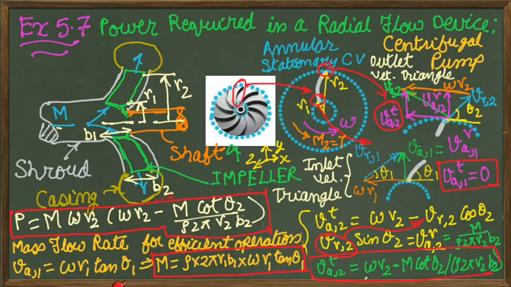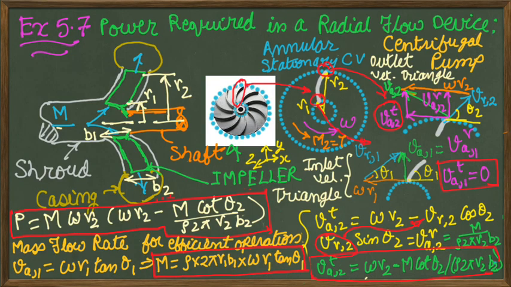So this VA1 is equal to omega R1 tan theta 1. This is the density. Area at the inlet, as I had mentioned, is 2 pi R1 into B1, where R1 is this radius and B1 is the height or width of the blade, which is also shown here.